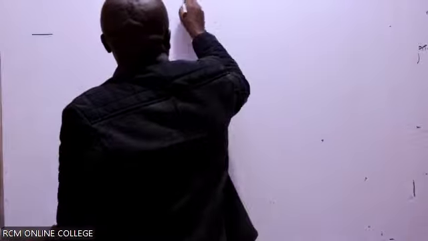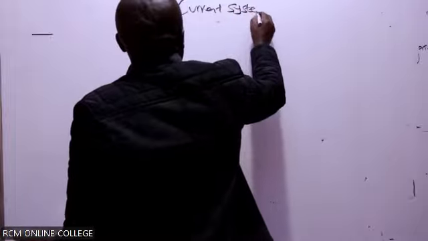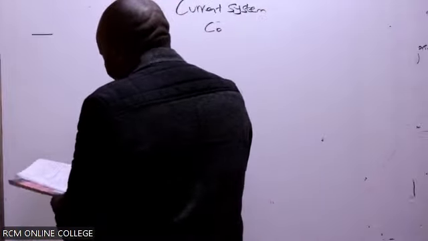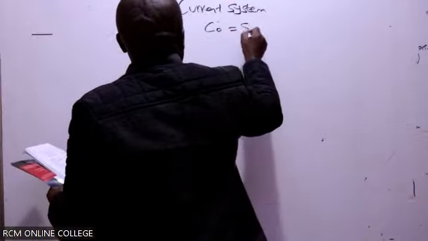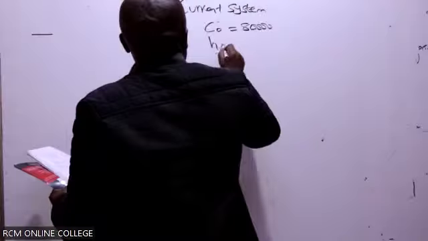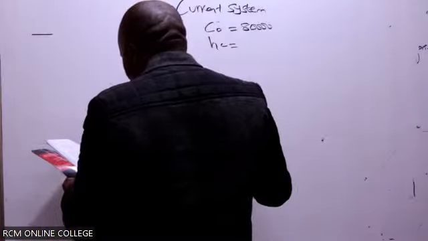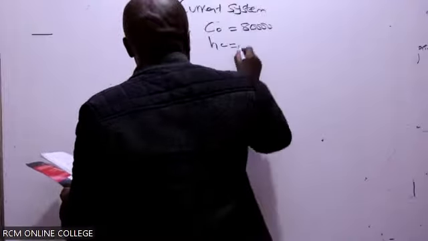Under the current system, they have given us the ordering cost, which is 80,000. And they've given us the HC: the inventory holding cost here is 12%.